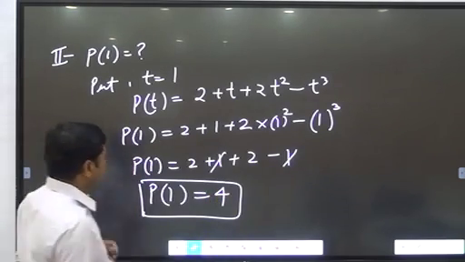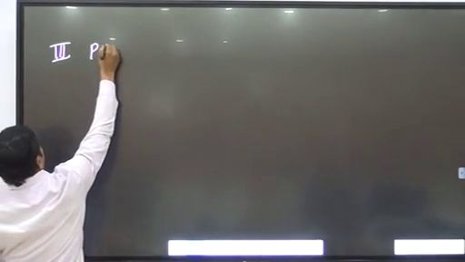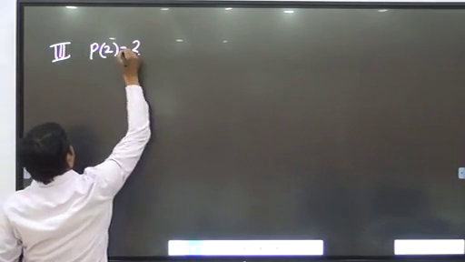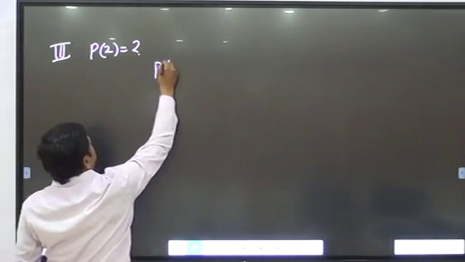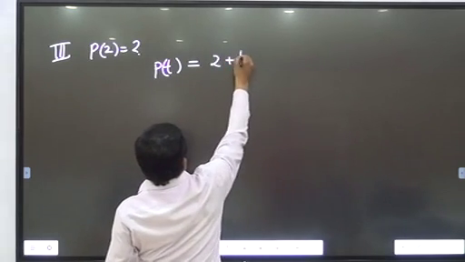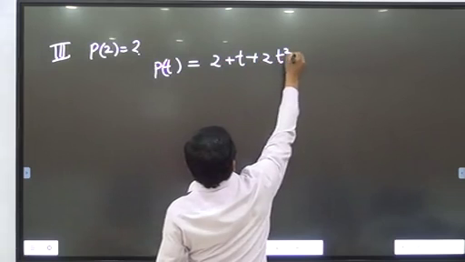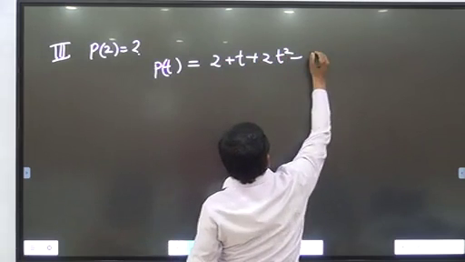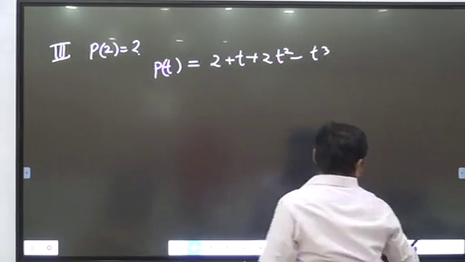And next one is p(2). The third point is that we are going to find the value of p(2). So write the polynomial 2 plus t plus 2t square minus t cube. Check.